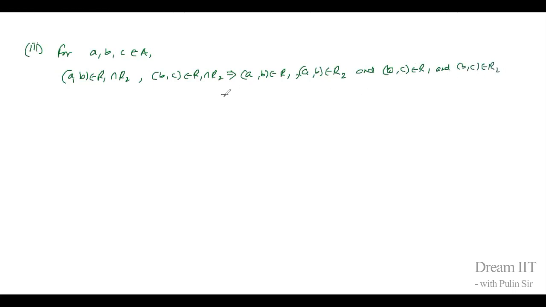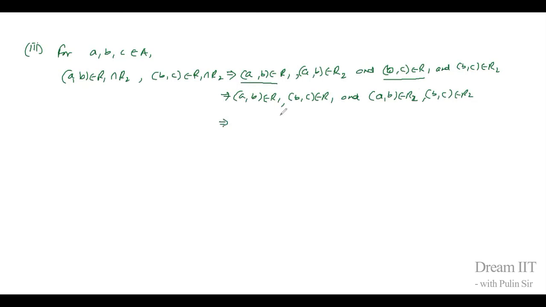Very nice. Now you see, this is in R1, this is also in R1, so you combine them first. AB belongs to R1, BC belongs to R1, and AB belongs to R2, BC belongs to R2.